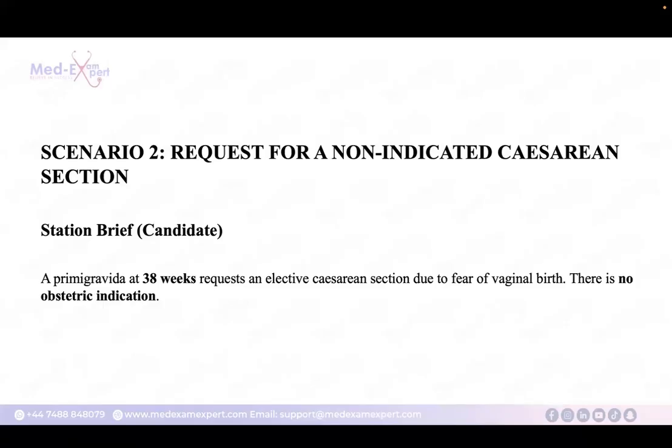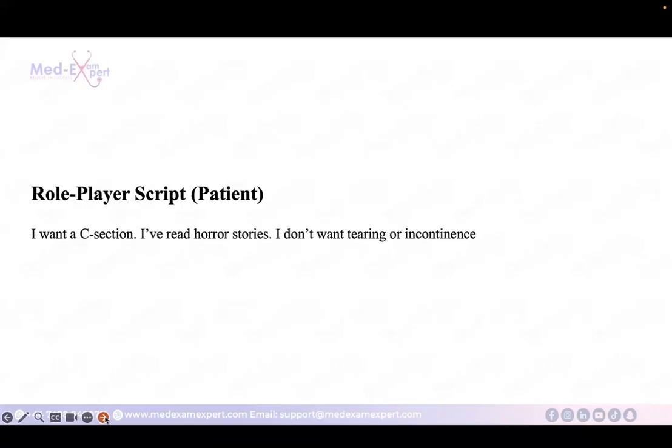So, as you do in the clinic, the first thing you ask is, why does she want to have a cesarean section? And then the patient tells you that she had heard horror stories and she does not want tearing of her pelvic area, or because of the risk of incontinence. Okay.